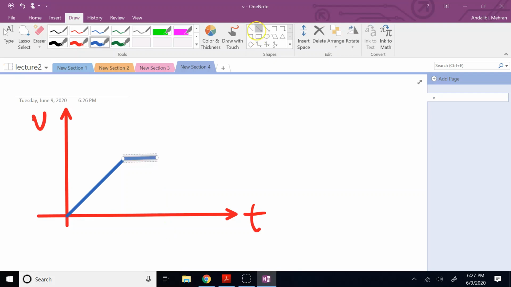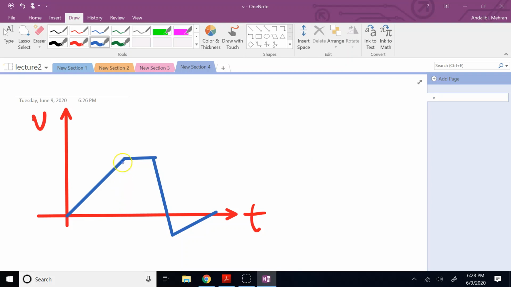Okay, so it's a bunch of straight lines.